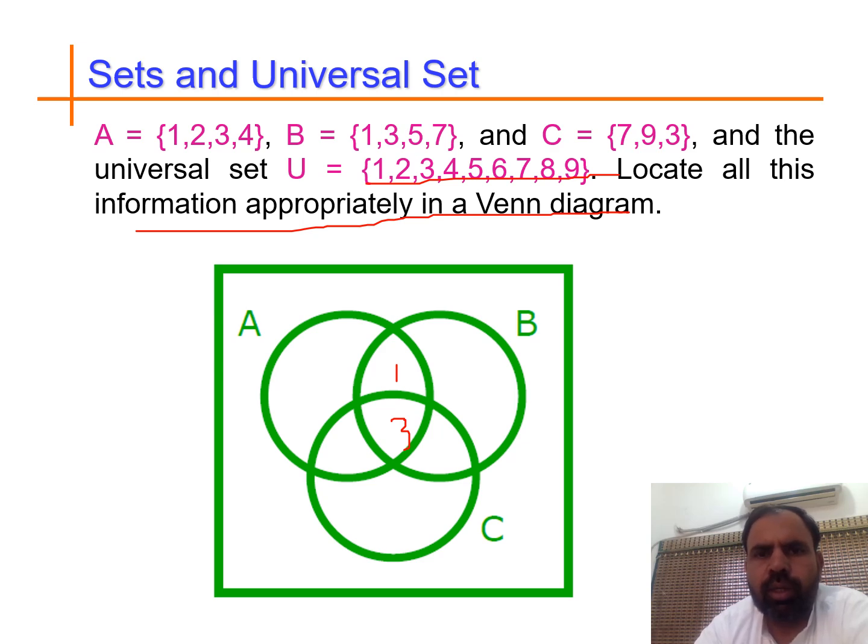So 3 is also common in B and C, and the universal set is the whole set.